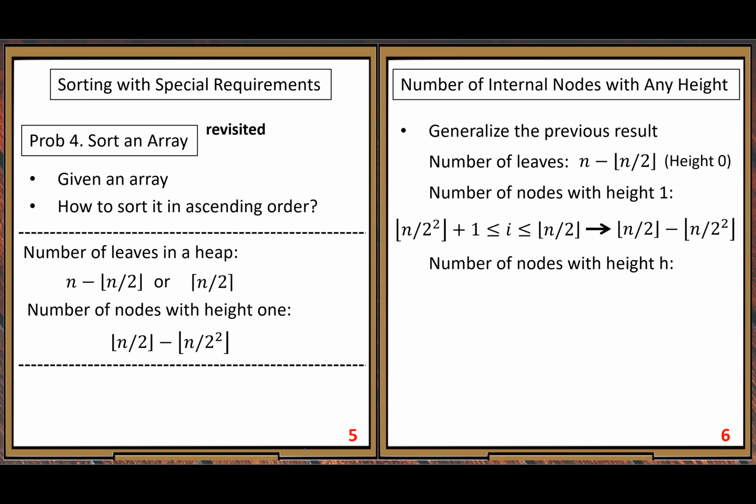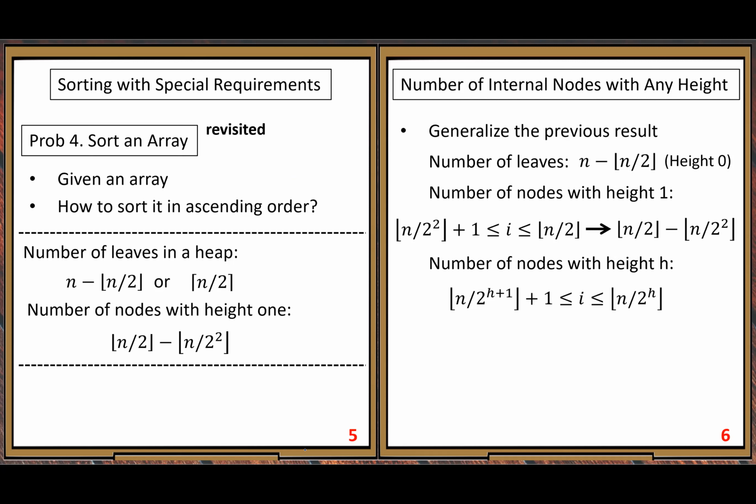Okay, all right. Next, the number of nodes with height h, the general case. First, the range. Can we use analogy from the above formula to get this one? By analogy, the upper bound is the floor function of n over 2 to the h, that power. When h equals 1, that's the same as our height 1 formula.